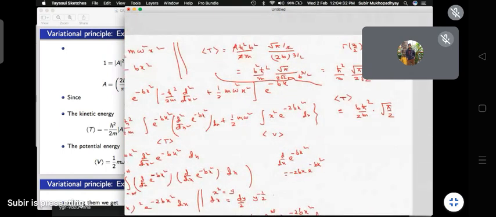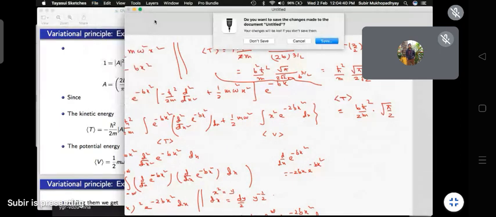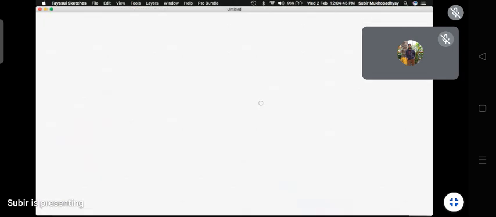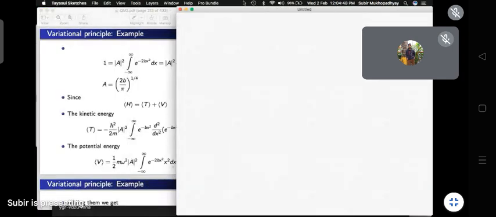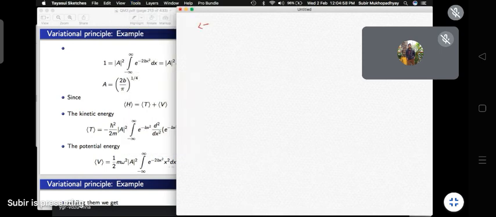So whatever we have got, b h bar square by 2m into square root of pi by 2. Okay, so this is the expected kinetic energy.